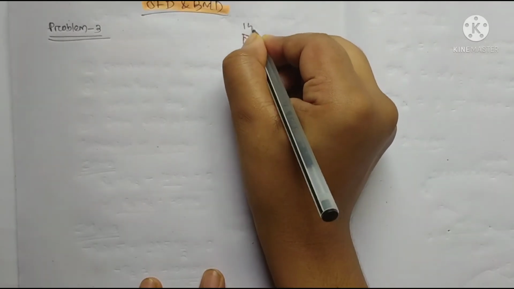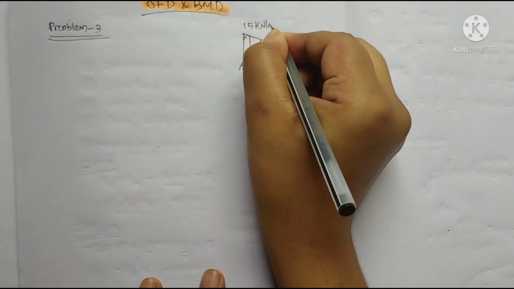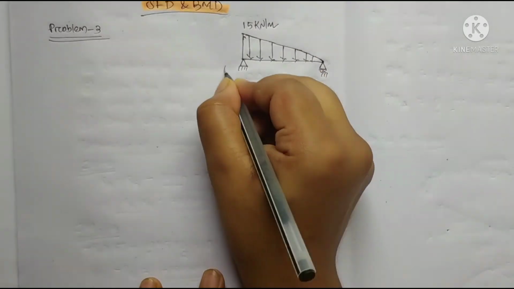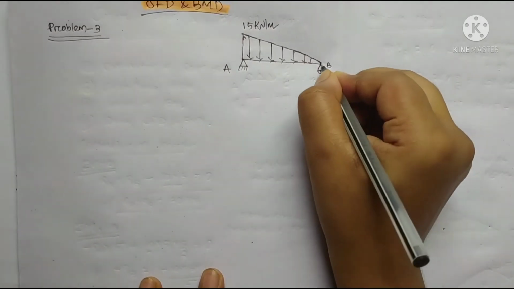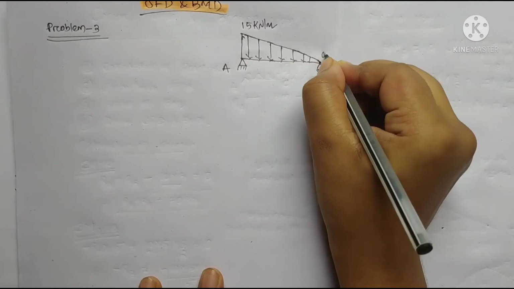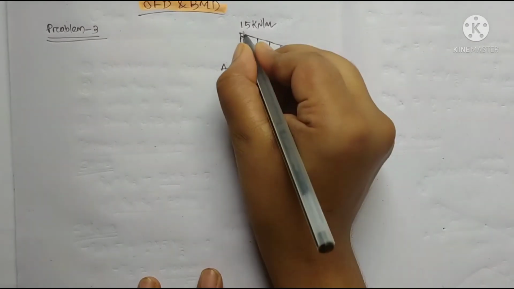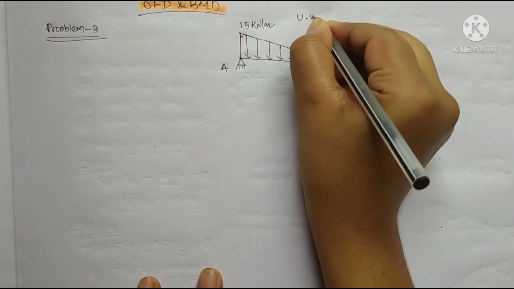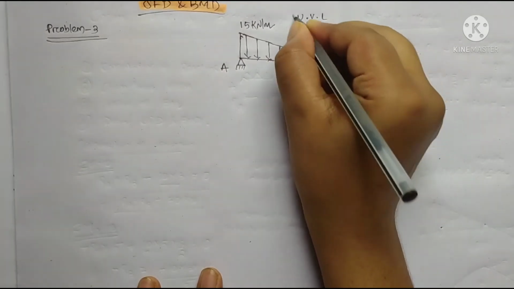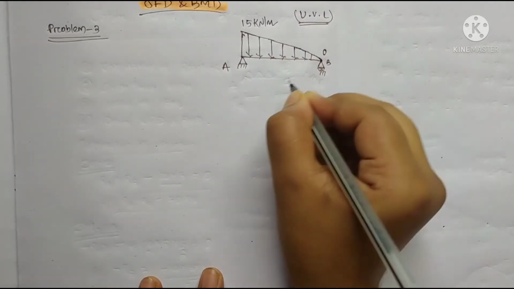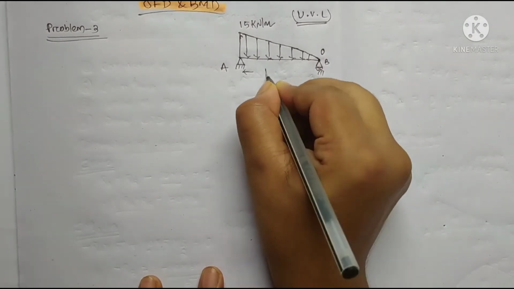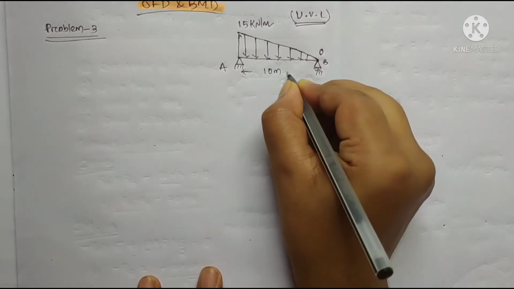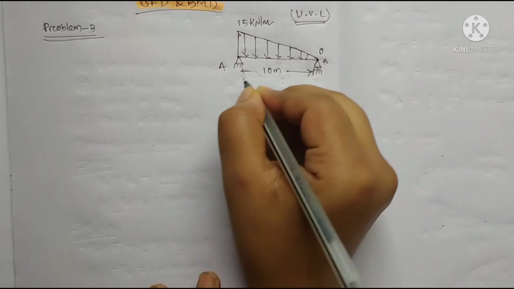Let it be 15 kilonewton per meter, and this is point A, this is point B. At point B, the intensity of load is 0. At point A, the intensity of load is 15 kilonewton per meter. It is a uniformly varying load, UVL. We call it UVL.